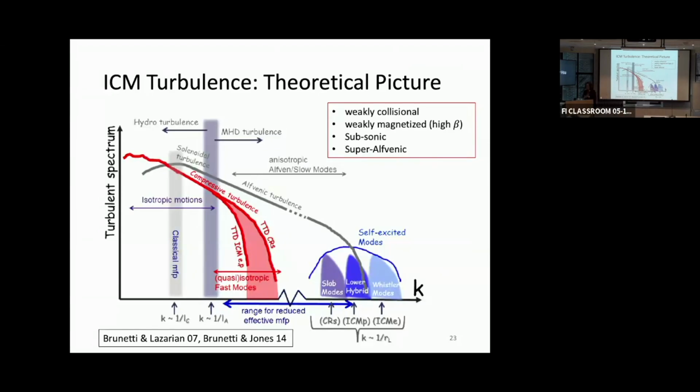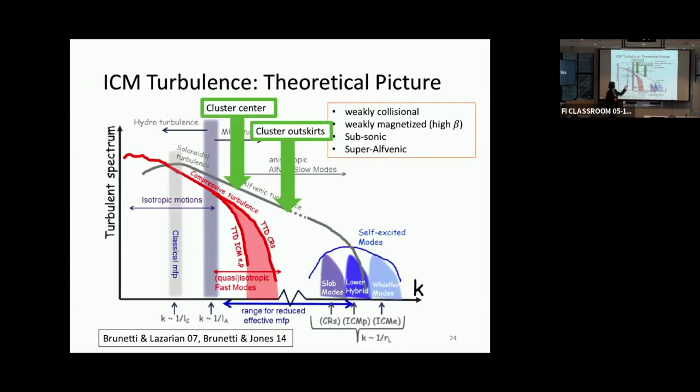And as I will show you today, observations now, if we use cool gas tracers, can probe these scales in cluster centers and cluster outskirts. So we are observationally probing potentially this transition between partial dissipation and Alfvénic turbulence. And again, state-of-the-art simulations are resolving these scales. And so we really should be thinking about how we can properly model viscosity in these environments.